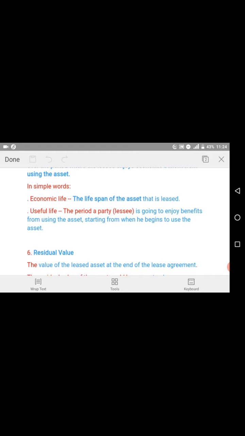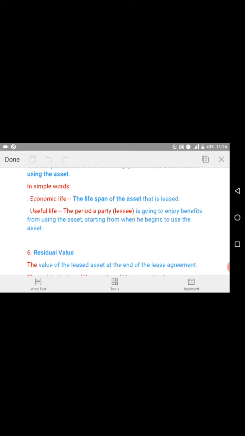But in some situations, you could have the lessor leasing the assets to one or more lessees. The first one could have 5 years, the second one could have 2 years, and the third one could have, let's say, 3 years. In total, the economic life is 10 years, but to each lessee, useful life is 5 years for the first one, 3 years for the second one, 2 years for the third one.